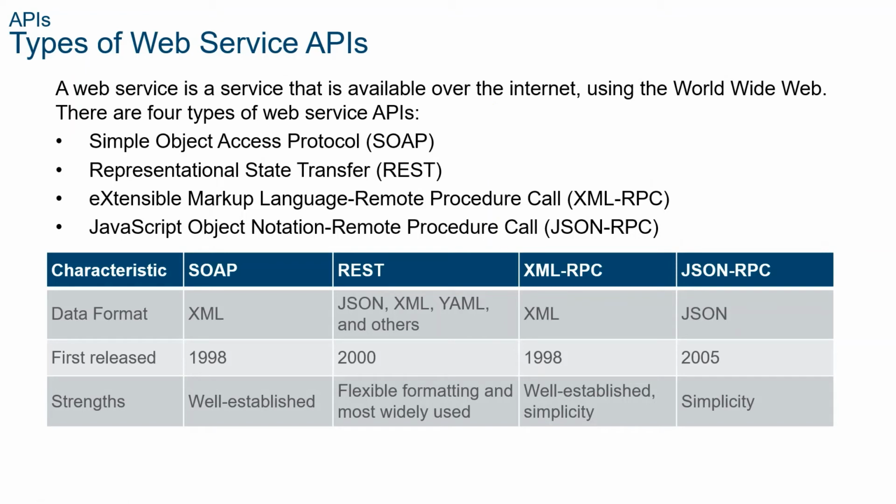There are several types of web service APIs. A web service API is a service that is available over the internet using the World Wide Web. There are four types of web service API. These are the Simple Object Access Protocol, or SOAP. SOAP is a messaging protocol for exchanging XML structured information, most often over HTTP or SMTP.